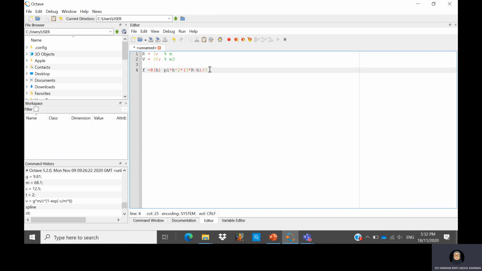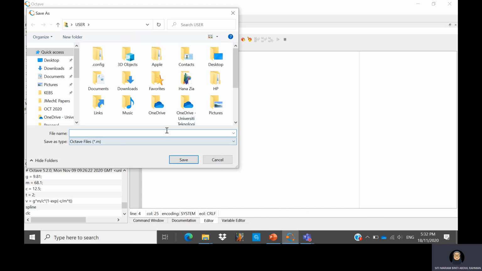If you look at the function, if you want to give a single value for the function, you can write it this way. Let me demonstrate this through the command window. I have to save it first.